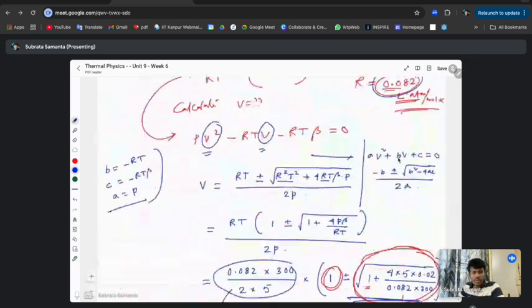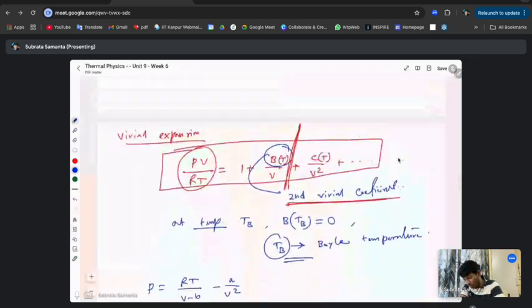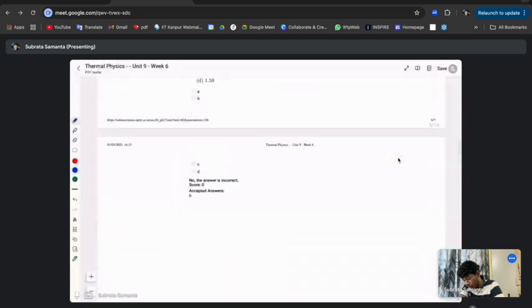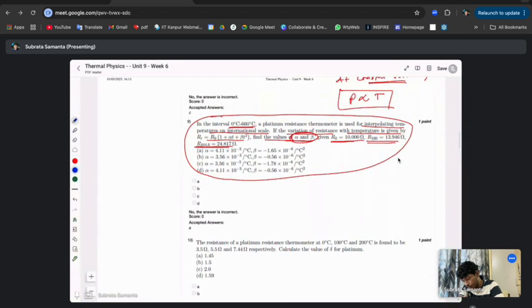Let's check the options. Option A is correct. So, any question?